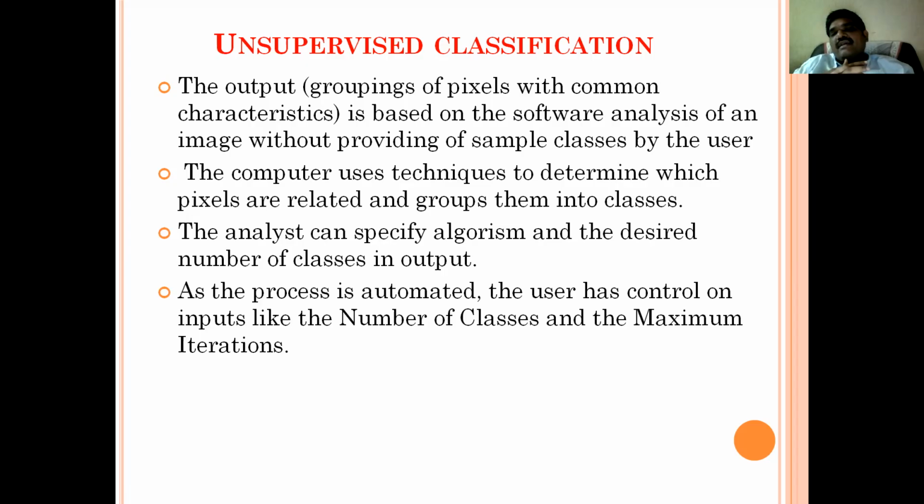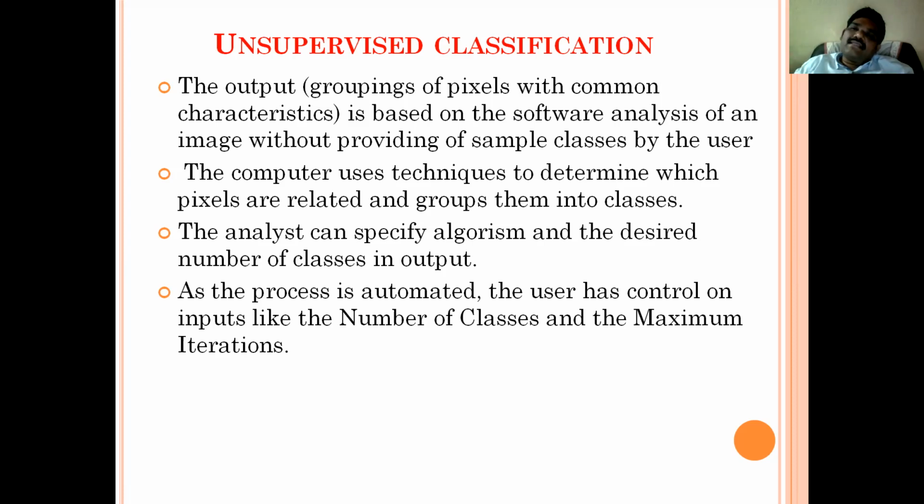See here, the computer uses techniques, and we'll discuss what those techniques are. The computer techniques will determine which pixels are related to which class. See here, this is also computerized classification, and this is also automated.